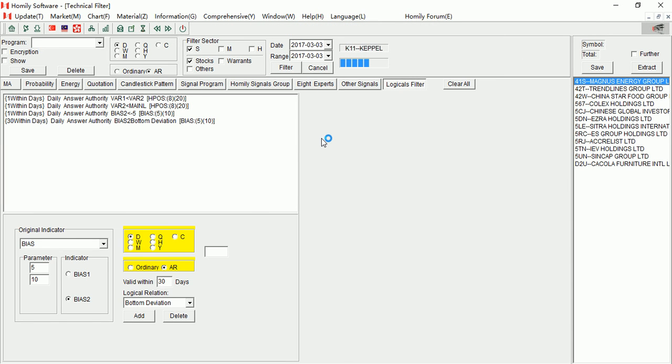Then you can filter at home. You can remember these 3 filter methods: the first one is for the oversold, where the trend is down; the next one is for the upward cross at the first buy point; and the next one is for the uptrend buy point. So you can filter like this.